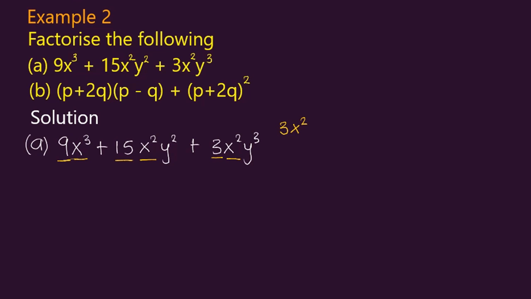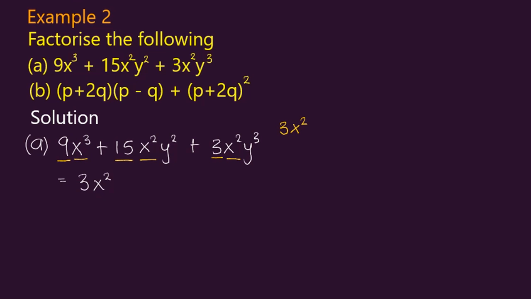Here on 9x cubed we have no term in y, so it means that we have no common factor for the terms in y for all these three algebraic expressions that we have right here. So our highest common factor in this case is 3x squared.